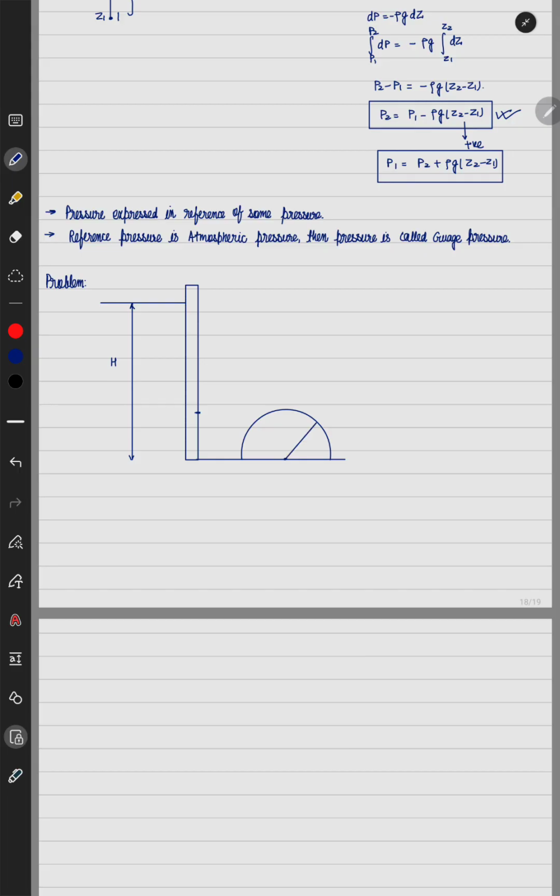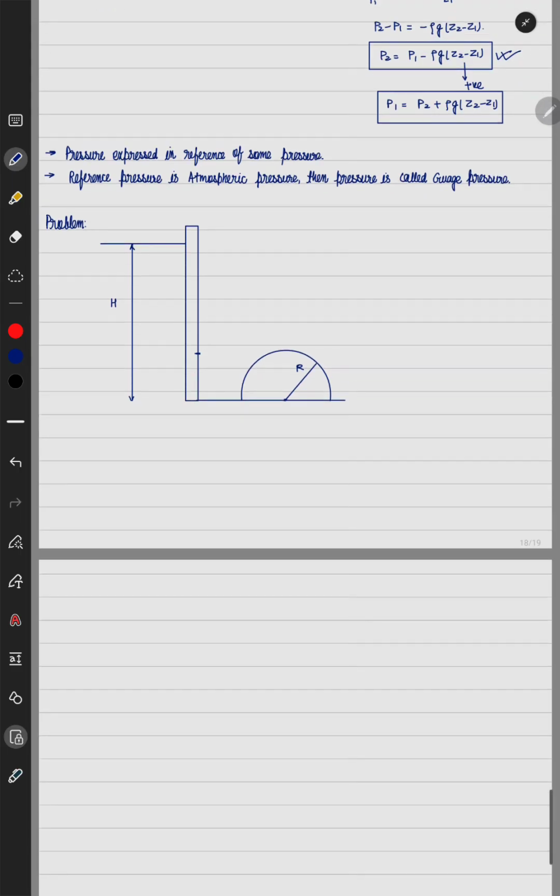This radius is equal to r, and you have to find how much torque is required to keep this gate in position, because liquid is filled from this surface to this bottom.